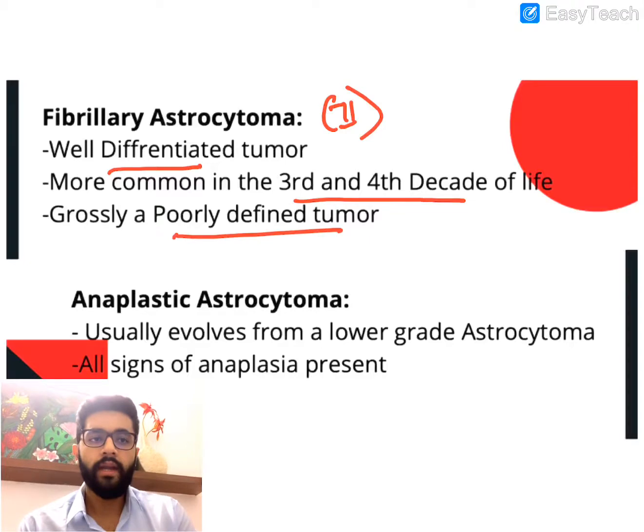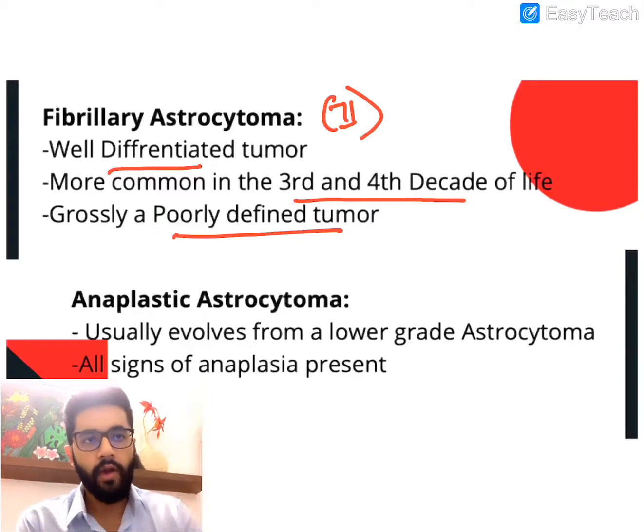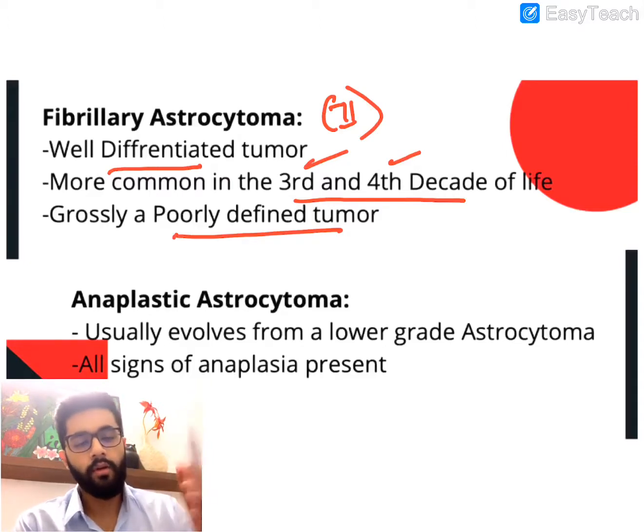Grossly, it's a poorly defined tumor, not as well defined as your pilocytic astrocytoma, but microscopically the cells are still well differentiated, so it's not as dangerous. So all you have to remember about fibrillary is that it's found in the 3rd and 4th decade of life, and microscopically you can see astrocytes in a fibrillary background.